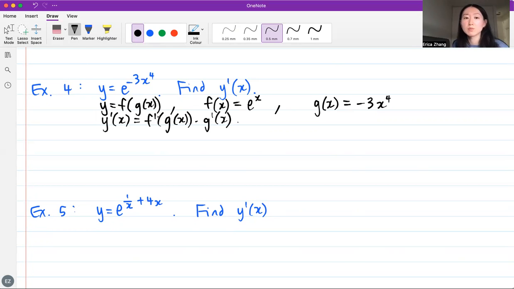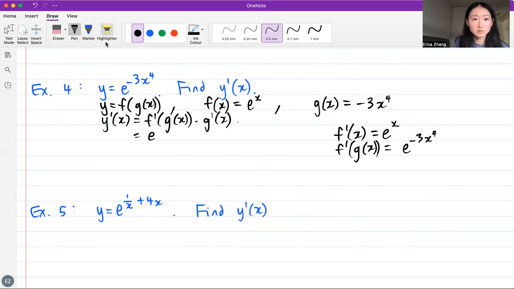So what's f prime of g of x? Well, f prime of x is equal to e to the x, right? So if we replace the x with a g of x, we get that f prime of g of x is equal to e to the power of -3x to the power of 4.